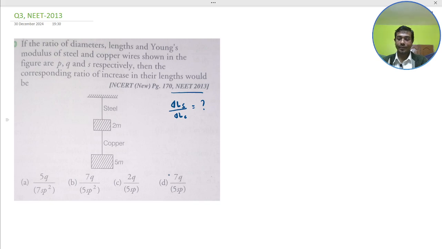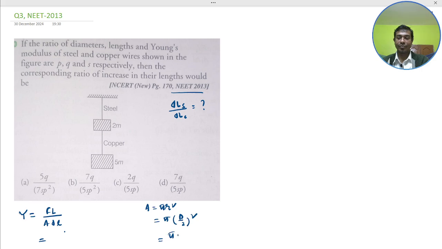So we just apply here the Young's modulus, which is written as FL divided by A delta L. One thing is that A equals pi r squared, where r means d by 2.